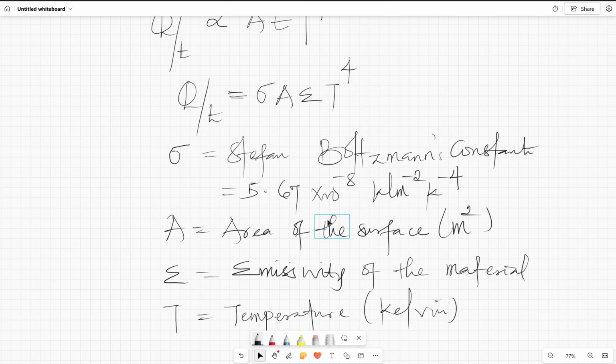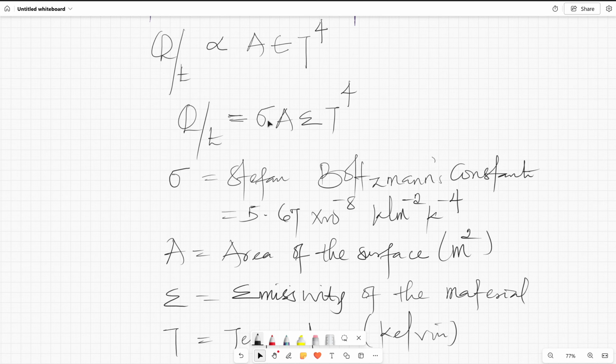So from here, you know that the rate of radiation, which equals power, is affected by the area, the emissivity, which is the nature of the material, for example a perfectly black body is the best emitter and also the best absorber of heat, and also by temperature.